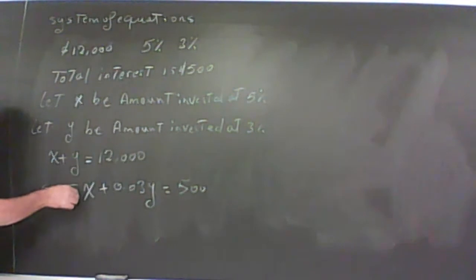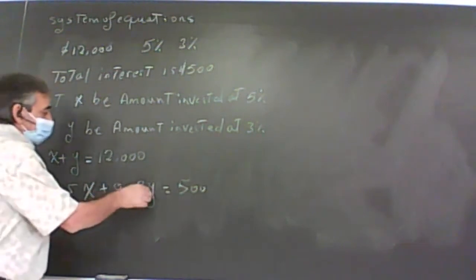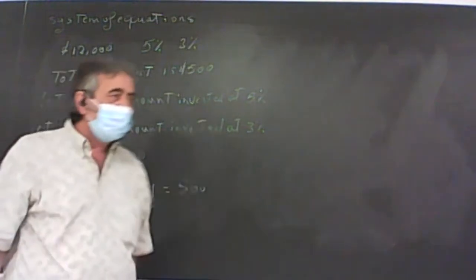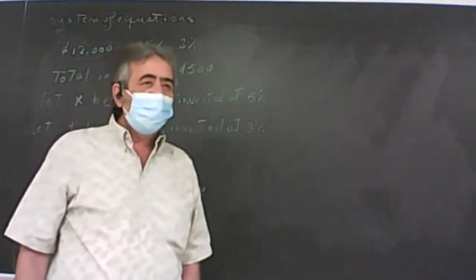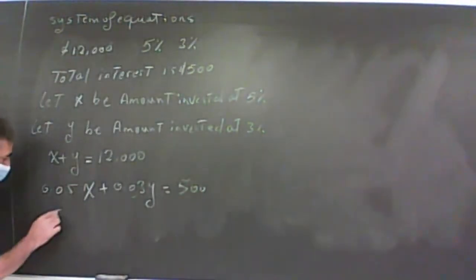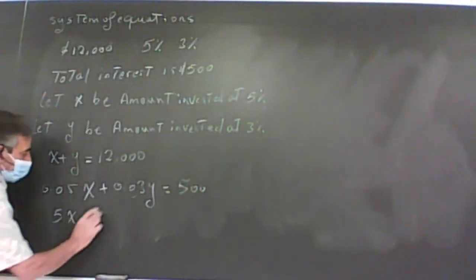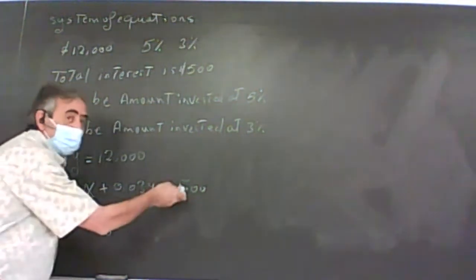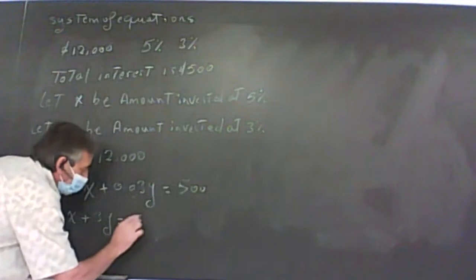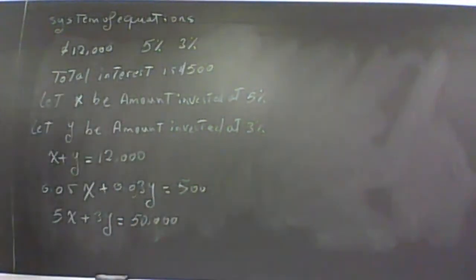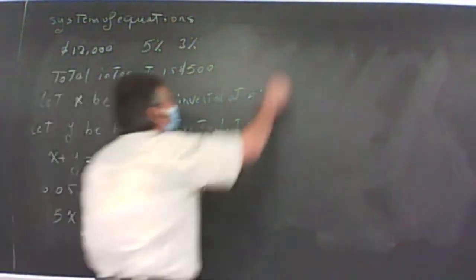That removes the decimals, and I just multiply the 500 by 100. So I can rewrite this equation as 5x plus 3y equals 500 times 100, which is 50,000.